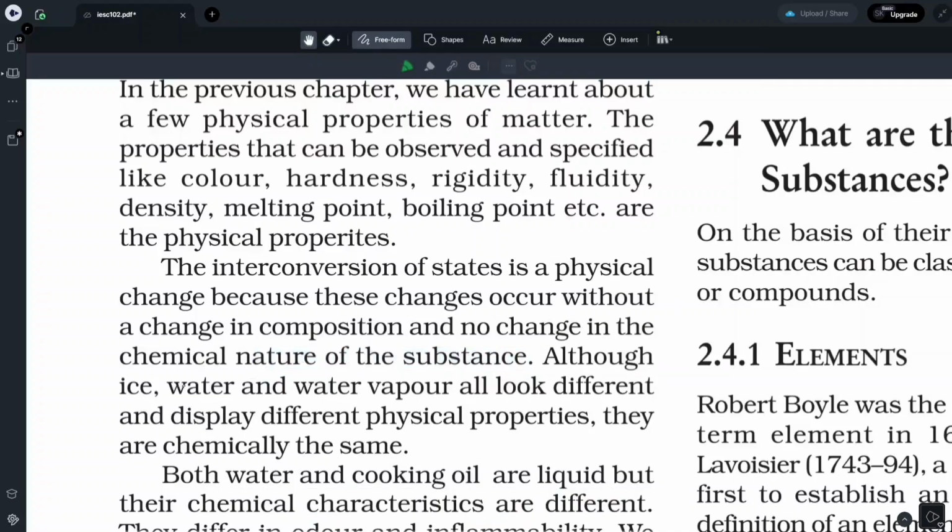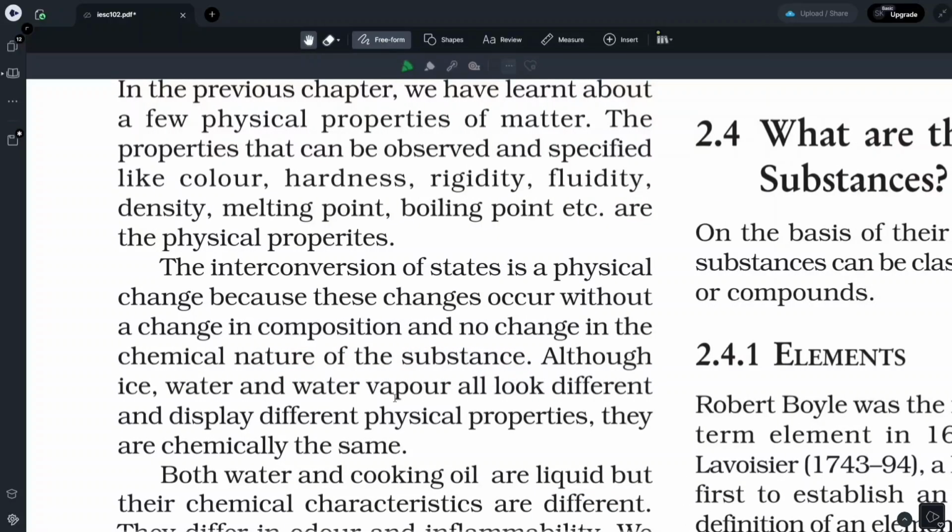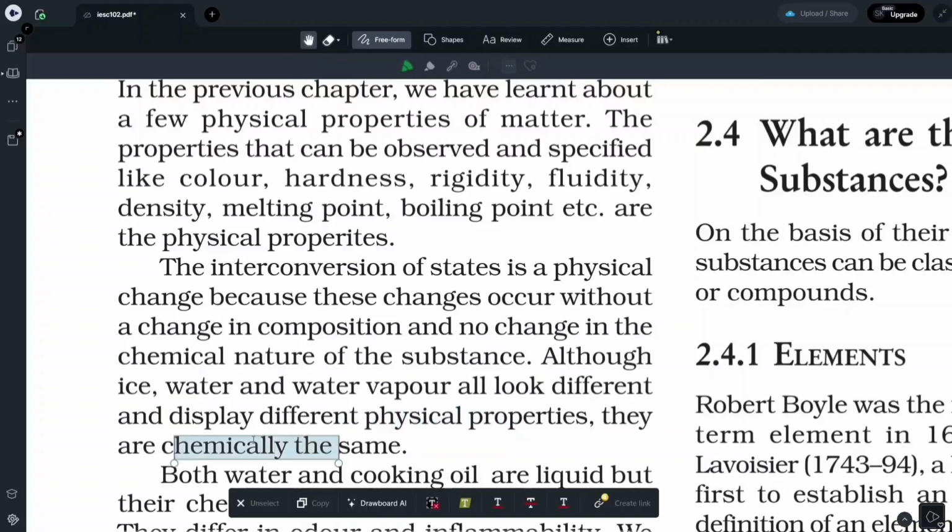Although ice, water and water vapor all look different and display different physical properties, they are chemically the same.